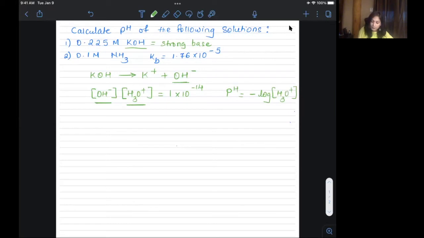So in this case, let's start with hydroxyl ion concentration. Here, since we have 0.225 molar concentration of KOH, we know that this is equal to 0.225 molar concentration of hydroxyl ions. Again, because every mole of KOH is going to get dissociated into hydroxyl ions. So now let's put it into the formula. 0.225 molar concentration multiplied by hydronium ion concentration, which we don't know yet, is equal to 1 times 10 to the negative 14.